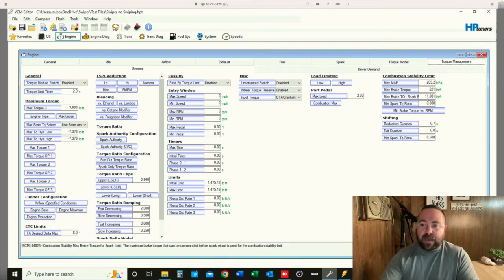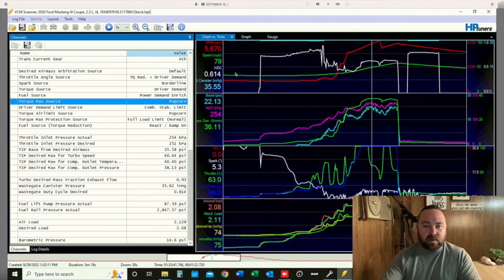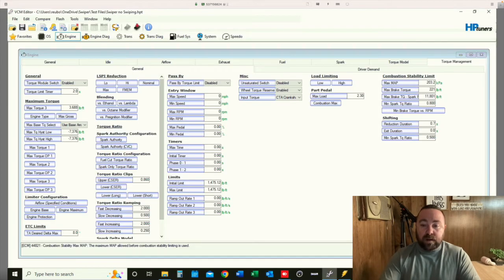It'll cap at 11,000 foot-pounds of torque, so there's no need to turn this off. And you can't really get away from it anyway, because the maximum in that table, if you'll look here, is only 220. We're going to pass that. If we go back to our data log, we're at 254. So there's no way that we're going to stay away from combustion stability limit. We just need to know what that does. And what it does is it triggers these tables right here in action.